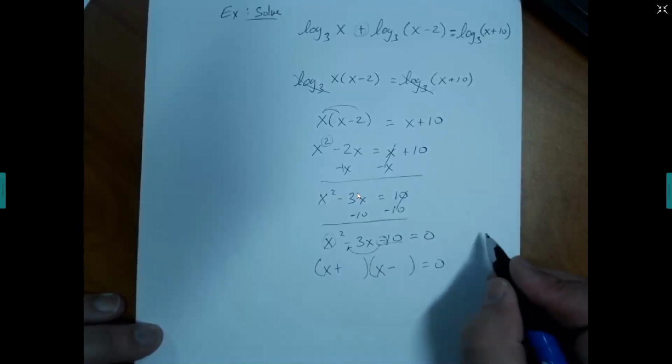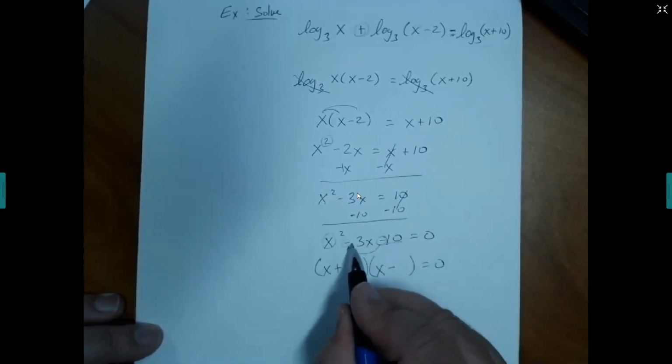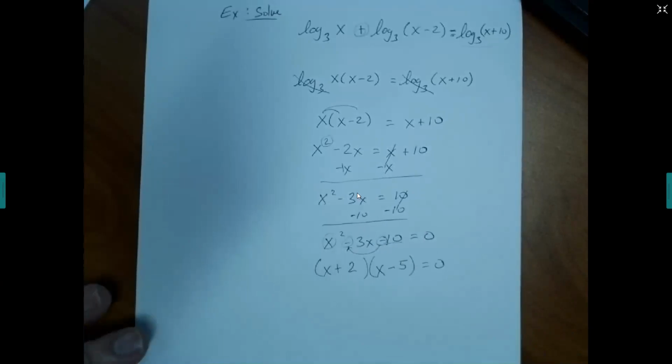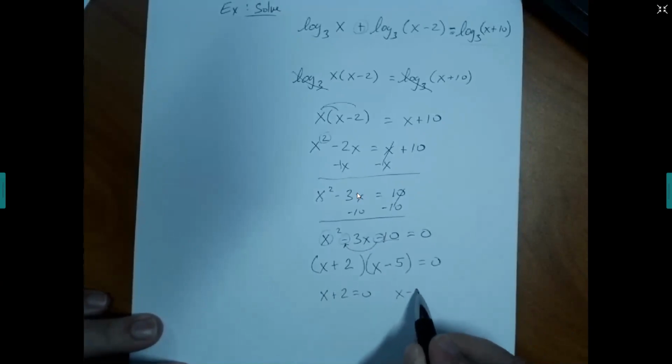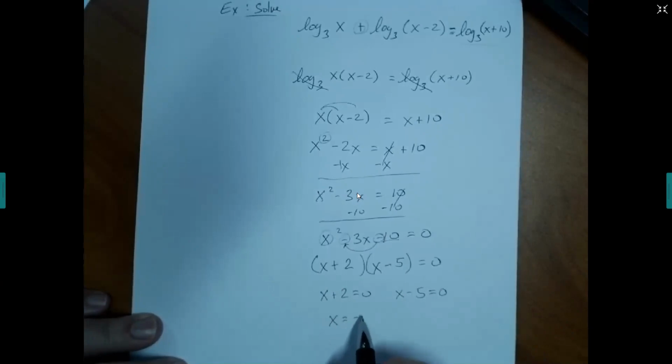Yeah, 5 and 2. 5 times 2 is 10, 5 minus 2 is 3. So 5 gets the negative and 2 gets the positive. Set both of those equal to 0, and we get our 2 answers.